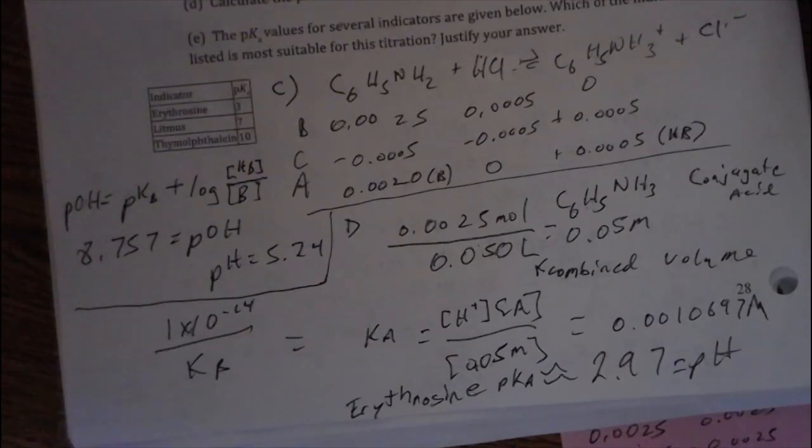Where could you pick up points? If you get 9 point something and you say the pKa of this is closest to 9, they should give you the credit. From everything I've heard from the AP conferences I've been to, if you make a mistake in the math up here, it's supposed to carry through.